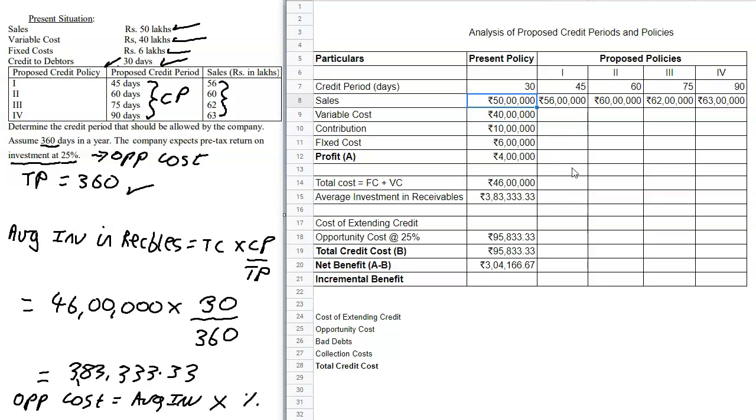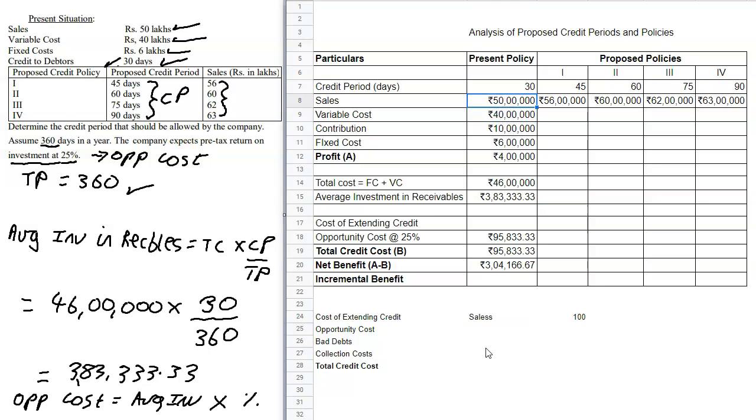So another way you can think of doing it is you find out proportion. Okay, let's assume that sales is 100. Okay, so we want to find the percentage of variable cost for sales.